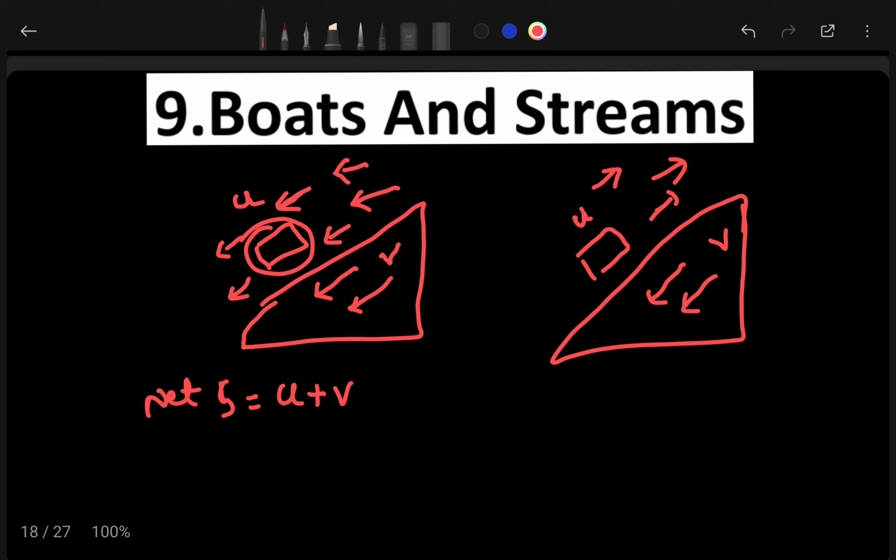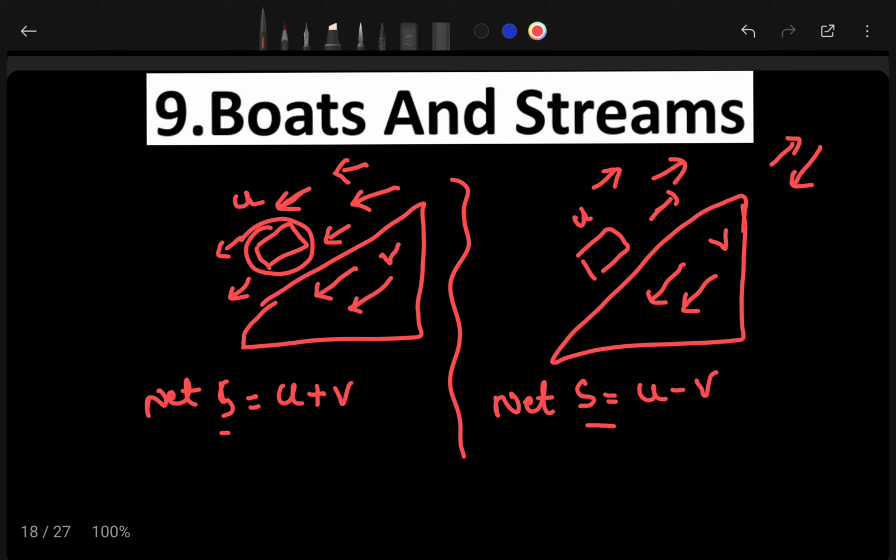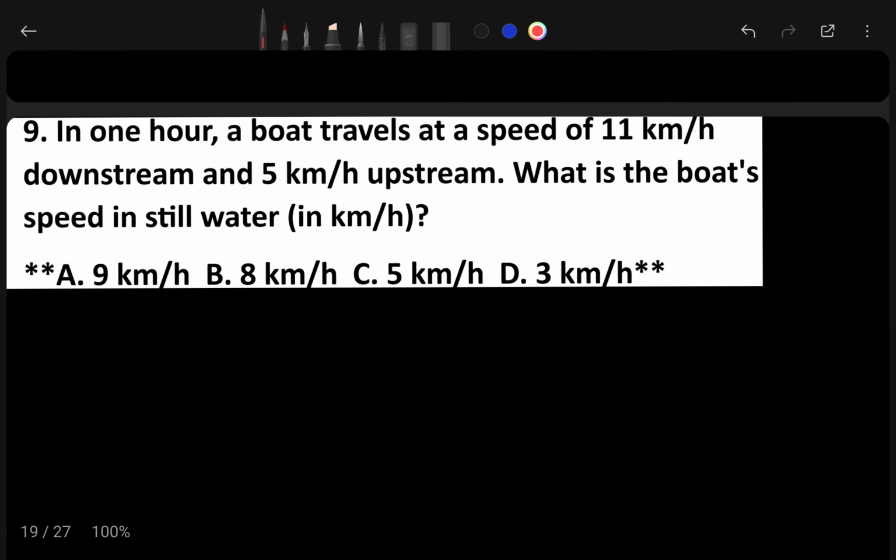And when you are going upstream, the water is pushing you down, so as you are in opposite directions, the net speed is going to be u minus v. These are the only two concepts in boats and streams: upstream, downstream. u plus v, u minus v. And remember, these are speeds, not distances. Keep that in mind. Now, we shall go for our problem.